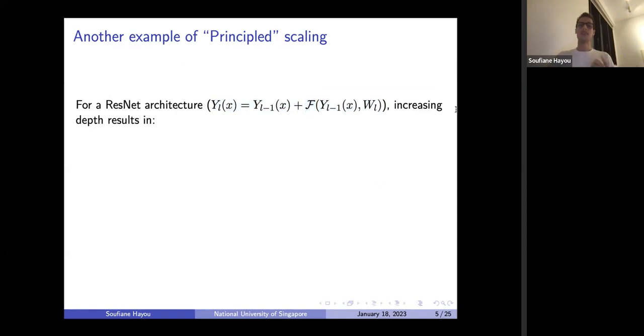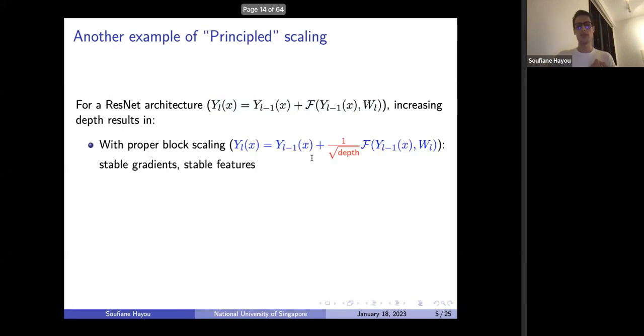So if you increase the depth in this case, there are two cases. If you scale the block with 1/square root of depth, and then you increase depth, in this case, we can show that the gradients are stable as you increase depth, and the features like the YL, right, are also stable. So nothing explodes with depth. Okay.